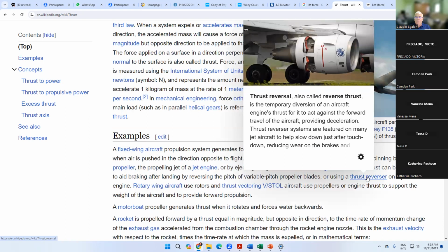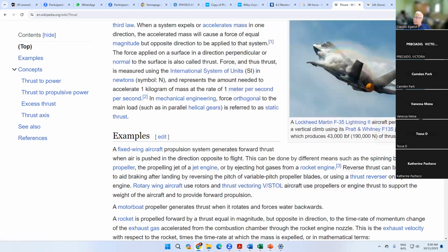Thrust reversal, also called reverse thrust: you can rotate the engine in the opposite direction to brake the airplane. But then, there was a bad accident with an airplane in which, for some reason, the jet engine reverted direction during flight, and then they abolished this type of thrust reverser.